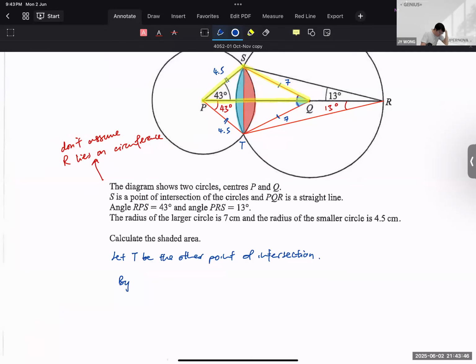So by sine rule, they will accept it only if you solve it correctly. If you use that particular method, you still have to show that your workings are correct, and then they will still mark normally.